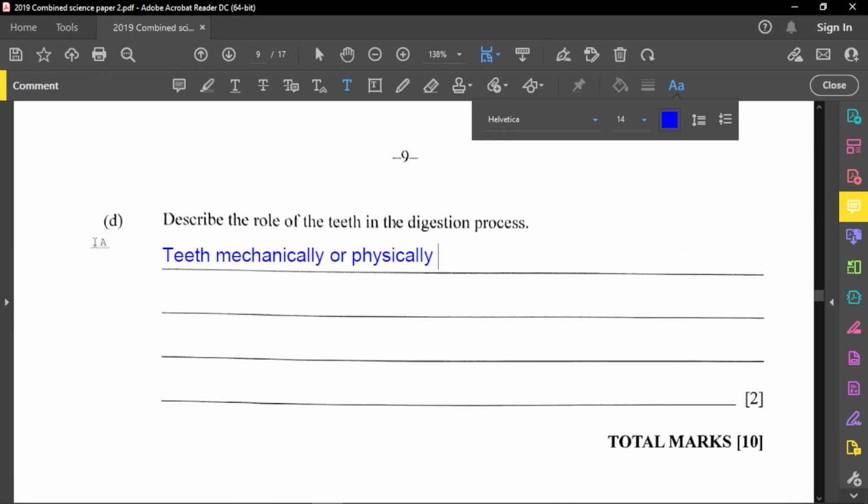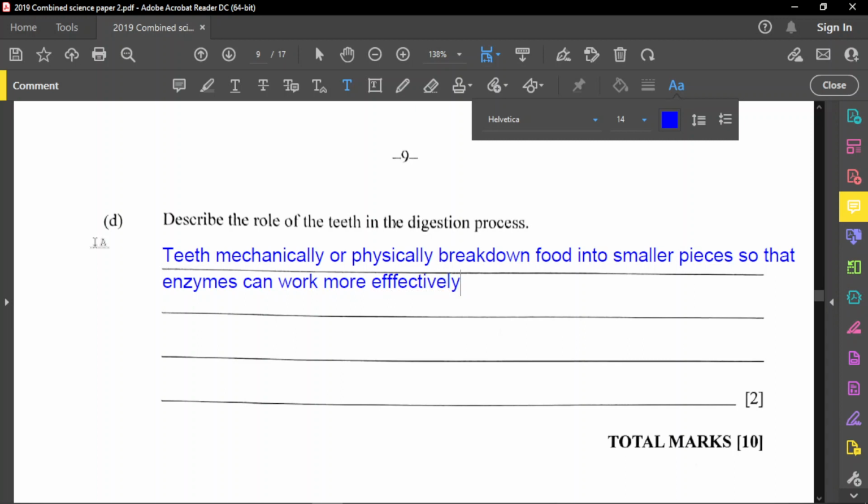So the teeth mechanically or physically break down food into smaller pieces, so that enzymes can work more effectively in chemically breaking down the food, because enzymes are chemical digestion.